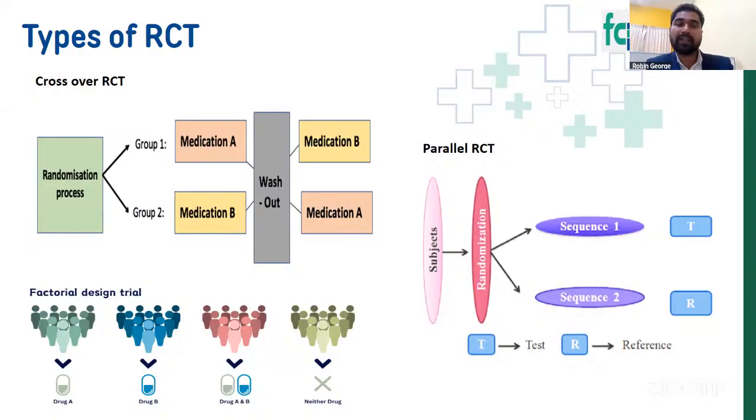And you can also see the factorial design of trial. This is based on some factors. For example, just now, stage 1 cancer patients in one group and stage 2 people in another. This is also called a cluster group, because sometimes we see multi-center studies.